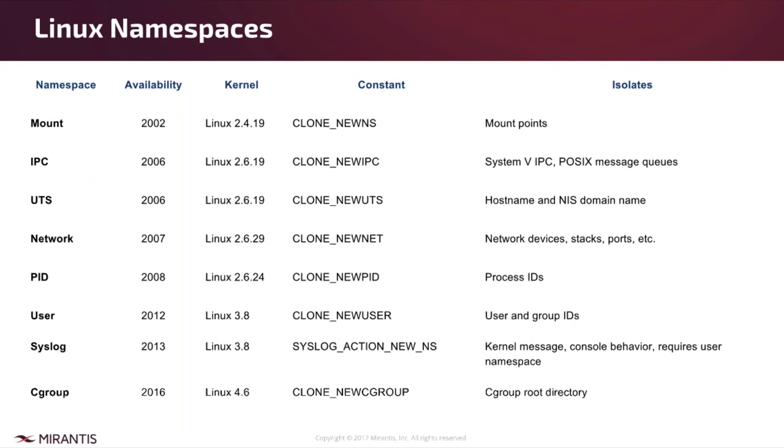Yeah, absolutely. So, for example, what does it mean to have a process ID namespace? Well, this means that the PID namespace can only see processes within that namespace, and they're assigned their own numbering system, starting from 1.